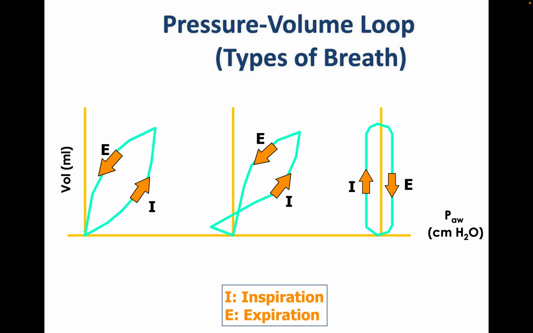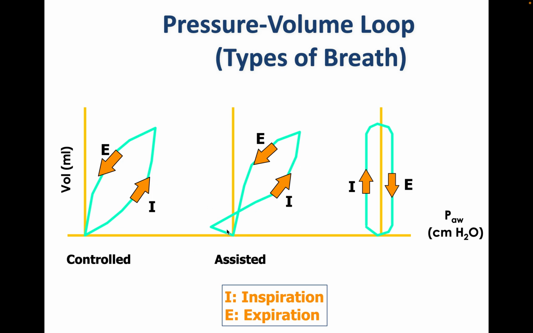So these are the types of breaths. As you can see, this particular breath, where it starts from this point as inspiration and comes back as expiration, is a controlled breath.